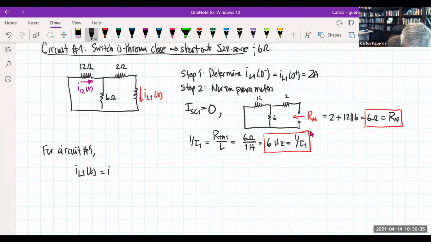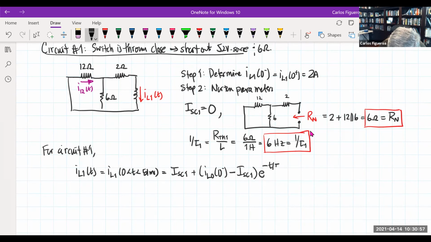This should be IL1 between 0 and T and 51 milliseconds. This guy is going to be I short circuit 1 plus IL of 0 minus I short circuit 1 e to the minus T over tau 1. Immediately we can see that this is 0, of course.